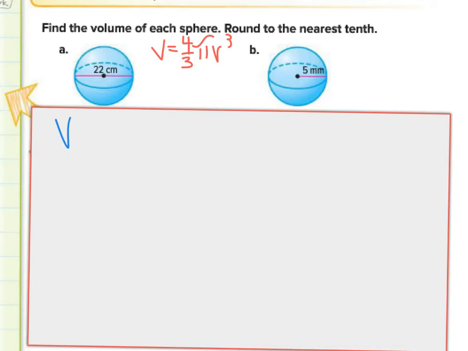I'm going to jump ahead and pretend I already wrote down the formula and just simply replace the variables with the information given. I have volume equals 4/3 of pi, which is 3.14, times radius, which would be half of the diameter, so half of 22 is 11 cubed.